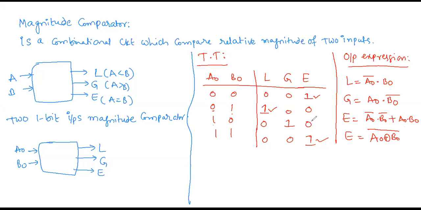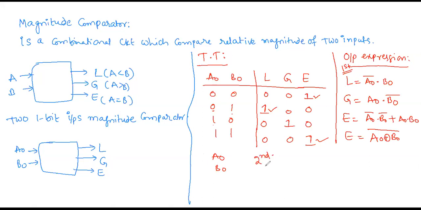Now for writing the expression, we follow another method. This is one way of writing the expression, but as the number of inputs increases, writing the expression from the truth table is difficult. This first method is used if the number of input variables is small.